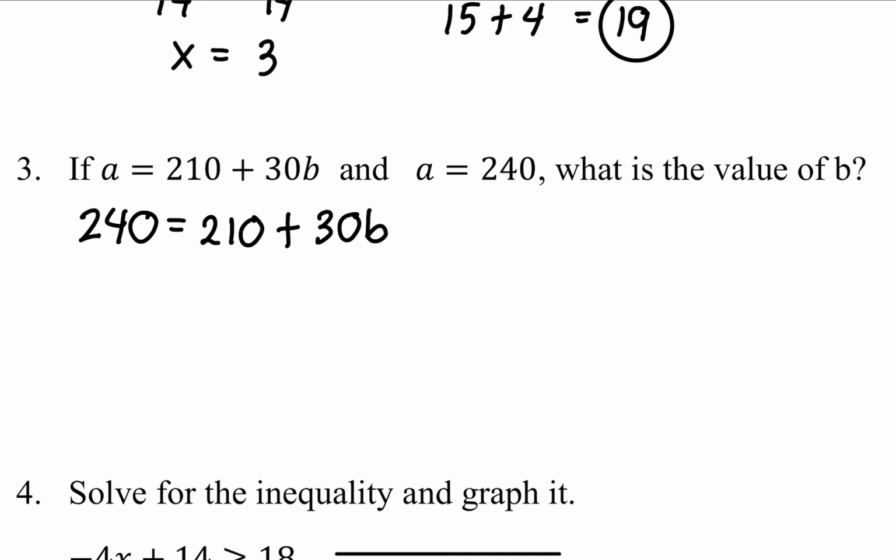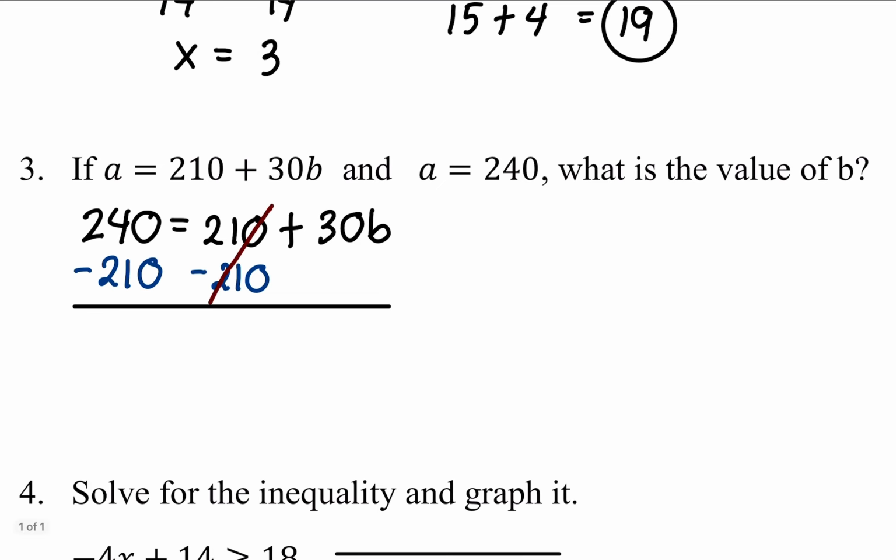Now, since we are solving for the value of b, we have to eliminate 210. We can eliminate 210 by subtracting 210 from both sides of the equation. So 210 minus 210 will be 0. 240 minus 210 is 30, is equal to, bring down 30b.